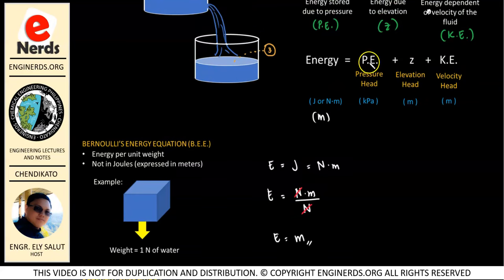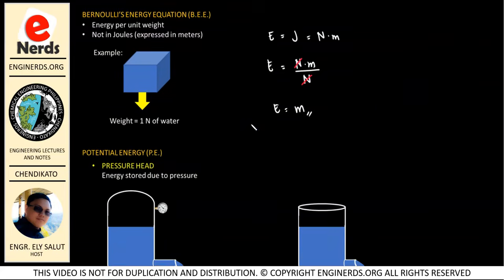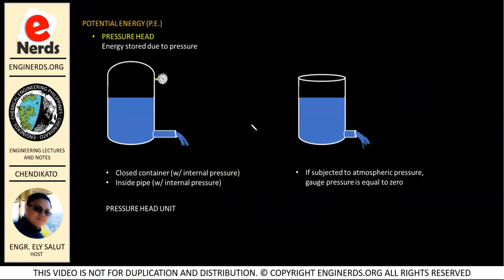So, how about itong potential energy natin, itong pressure head at elevation head? How can we have that unit? So, first, let us understand ano ba tong pressure head. So, ang sabi natin kanina, pressure head is an energy stored due to pressure. So, may mga bagay tayong kailangan tandaan when we are solving problems in hydraulics, no? First is that we have an internal pressure when we have a closed container.